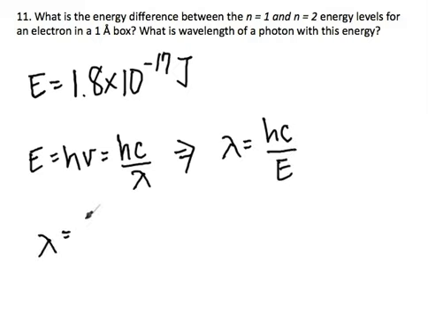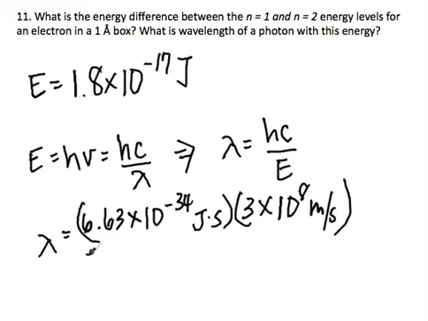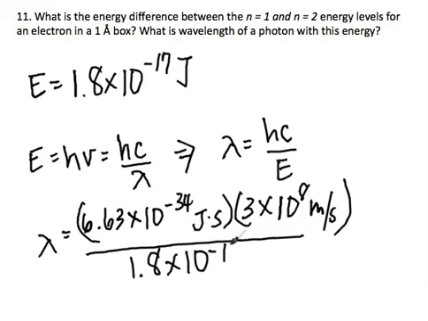So wavelength equals Planck's constant 6.63 times 10 to the negative 34 joules per second times 3 times 10 to the 8th meters per second over 1.8 times 10 to the negative 17 joules.